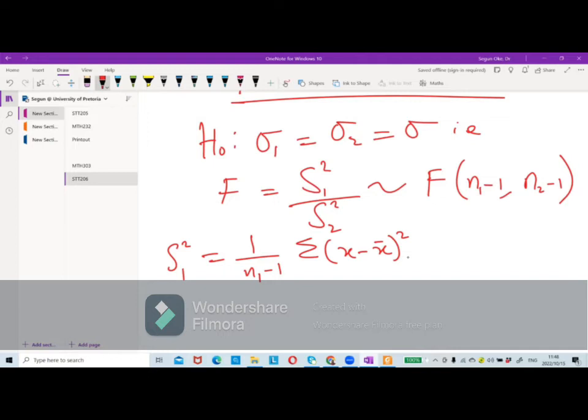Then our S2 squared is the same thing as 1 over N2 minus 1. We can call this one Y.